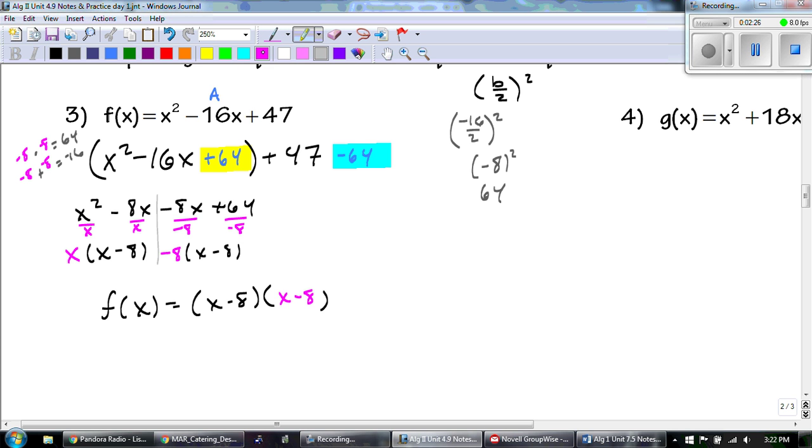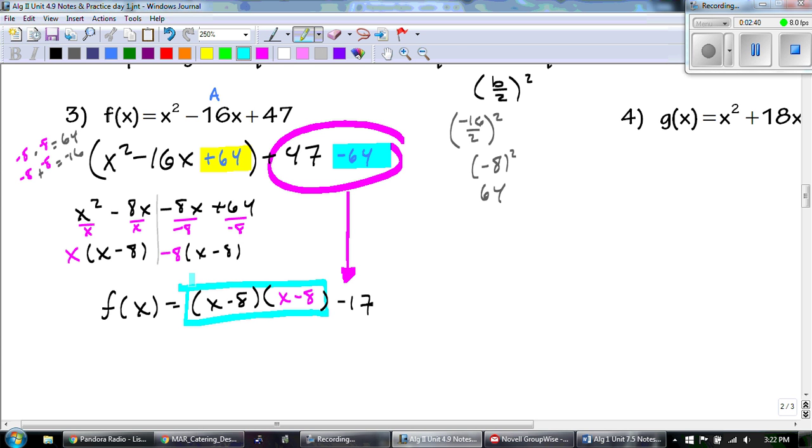And then remember, don't forget about this guy. We got to bring him down. 47 minus 64 is 17. Okay? And then writing it in vertex form, we have to simplify this x minus 8 times x minus 8. So we have f of x equals x minus 8 squared minus 17.